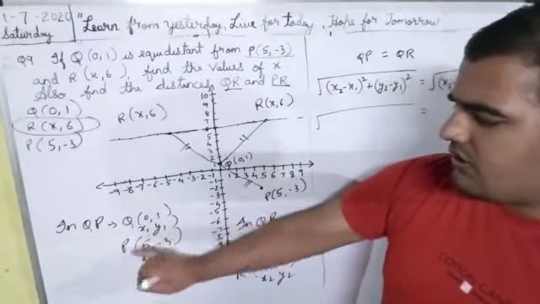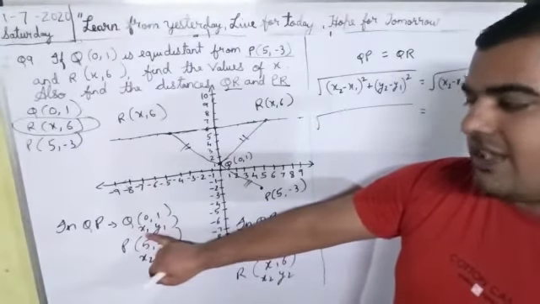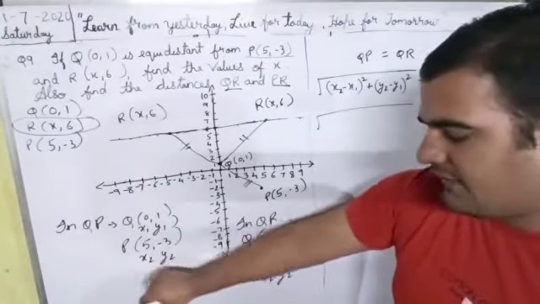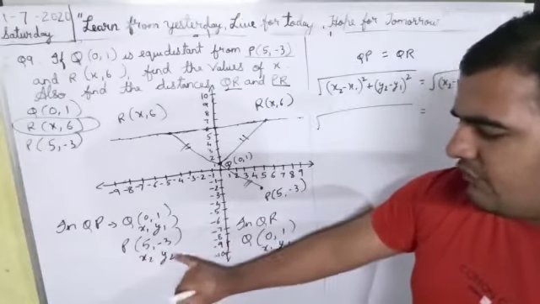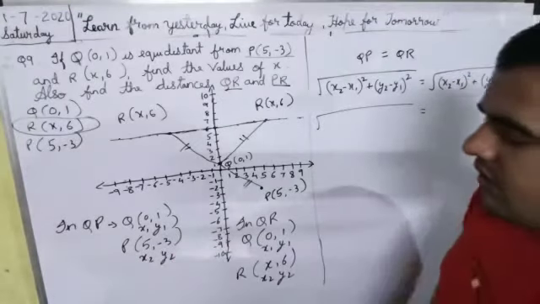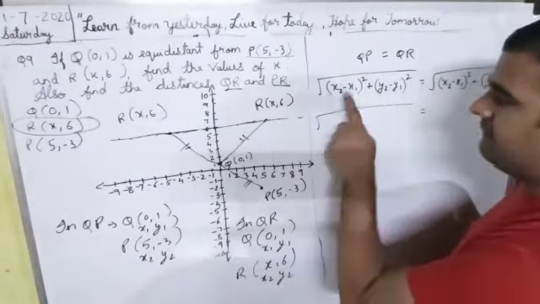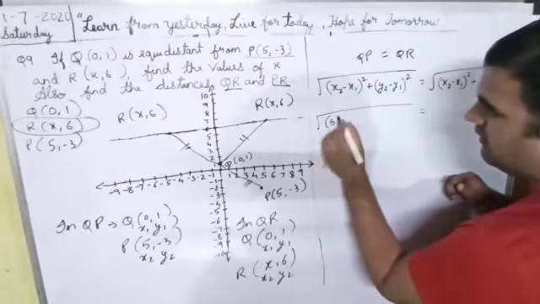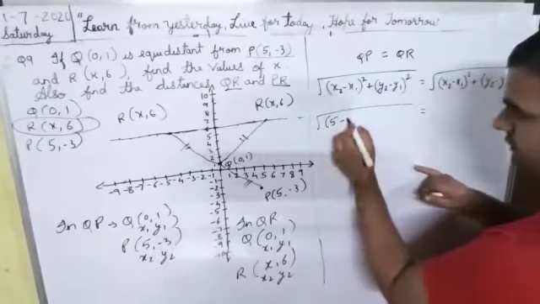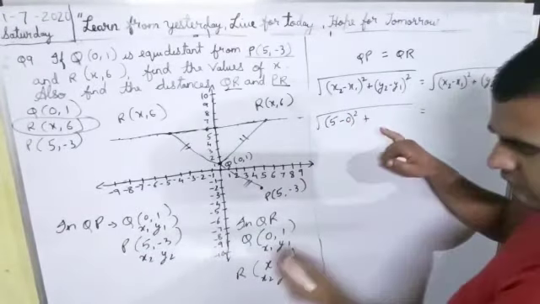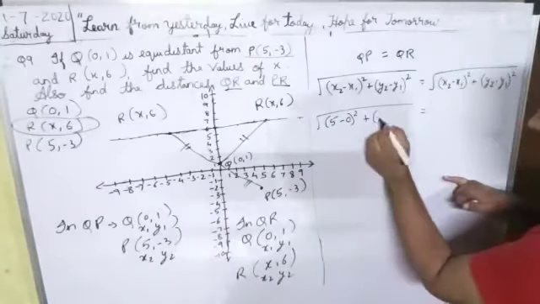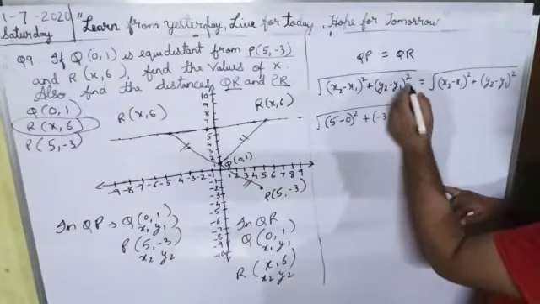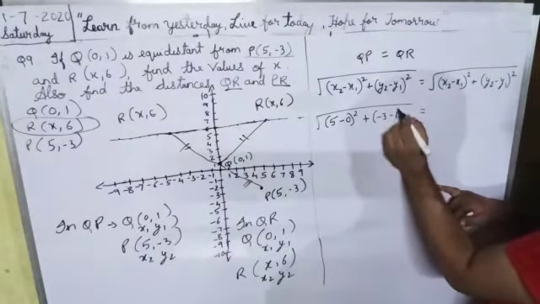Q is (0, 1), so x1 will be 0 and y1 will be 1. P is (5, -3), so x2 will be 5 and y2 will be -3. Putting in the values: (5 minus 0) square plus (-3 minus 1) square.